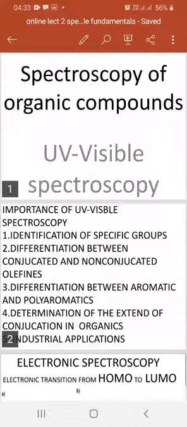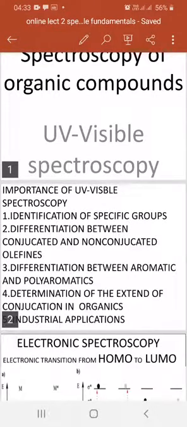First, let us see the importance of UV visible spectroscopy. UV visible spectroscopy is useful in the identification of certain specific groups in the organic molecule.